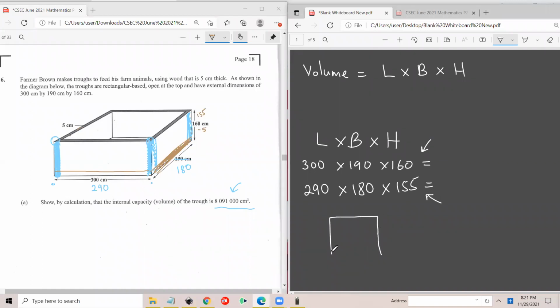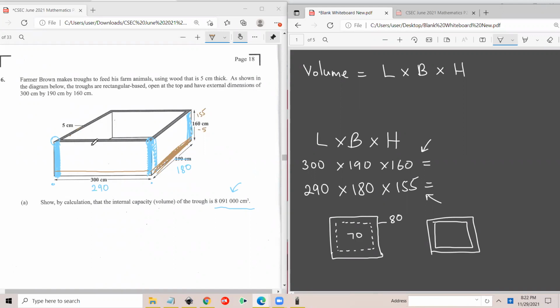And if you minus the outside volume and the inside volume, think about it like this. If this is the outside volume and the dashed line is the inside volume, let me say the outside volume was 80 and the inside volume, the dash piece, was 70. If you minus those two, you'll only be left with the border itself. Doesn't the border part represent the actual wood used or materials used?